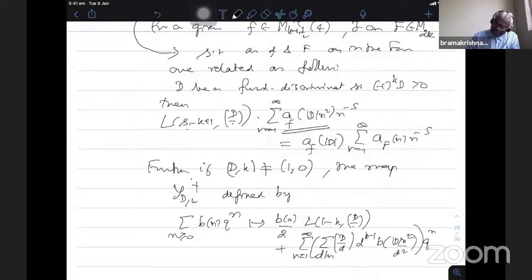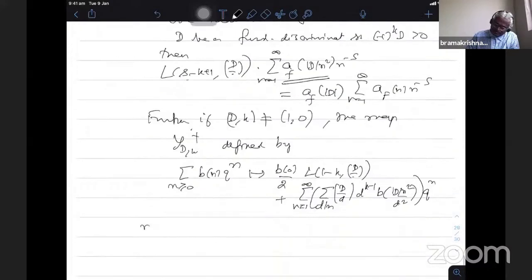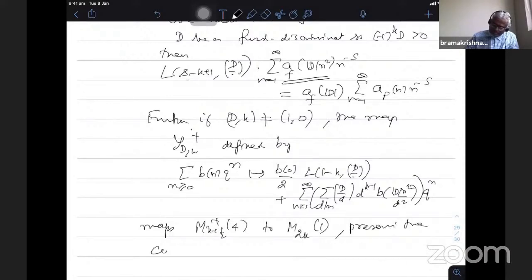This maps M_{k+1/2}^+ to M_{2k}. So it preserves the cusp form. That is natural, because when b(0) is 0, it takes cusp forms to cusp forms. Okay, it commutes with the action of Hecke operators.